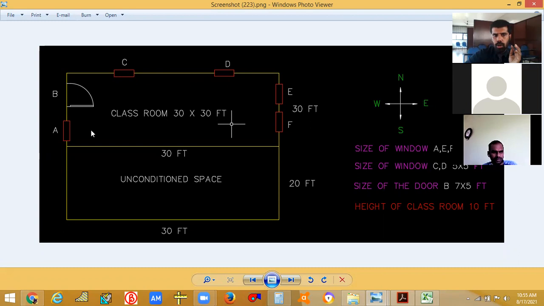This wall, the sunlight won't hit because it is inside. There is no direct contact between the sunlight and the wall. So except the wall at the south orientation, the west, north, and east walls are exposed to sun. This part is exposed, this part is exposed, and this part is also exposed, except this part because it is inside a room.